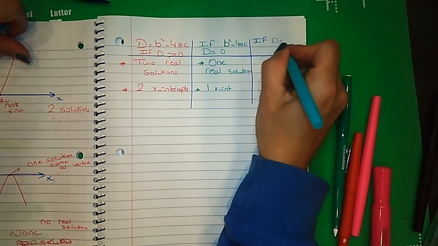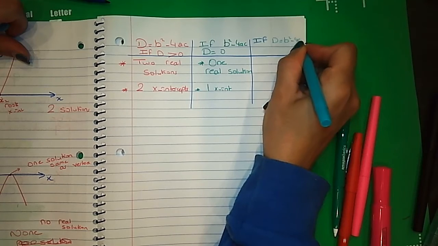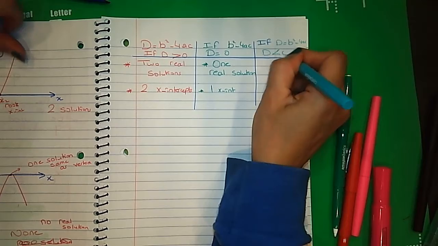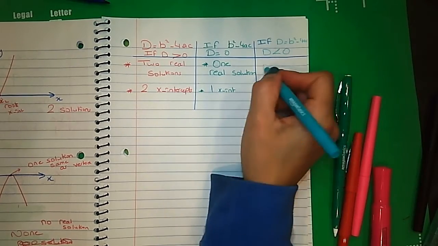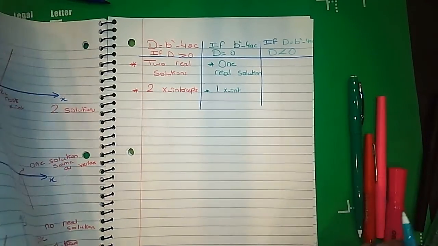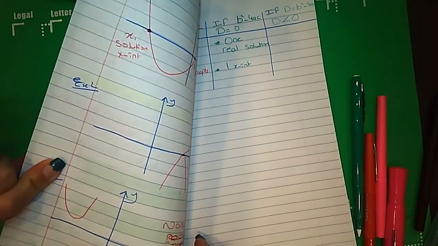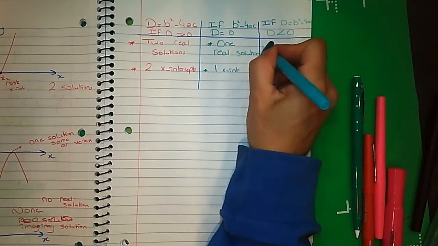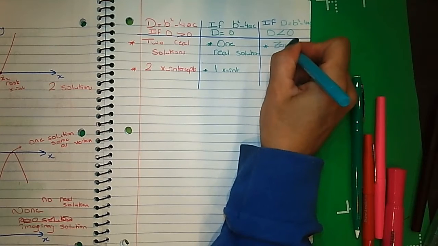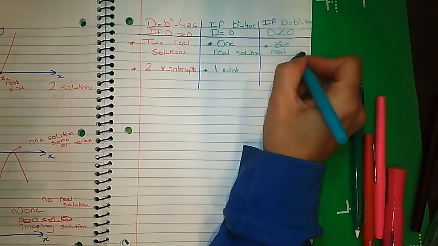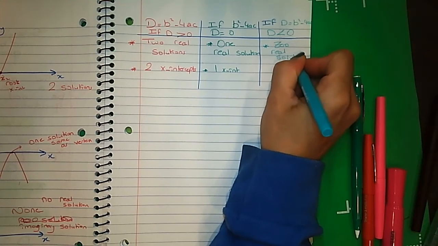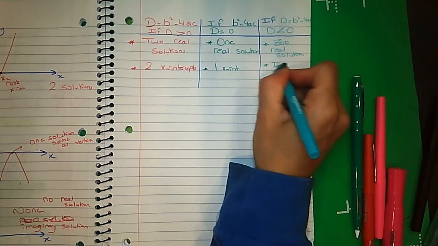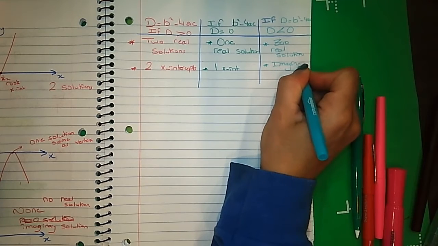What if D equals B squared minus 4AC, the discriminant, is less than 0? That means we're talking about the last graph you have in here, and that means I have 0 real solutions, and I have something called imaginary solutions.